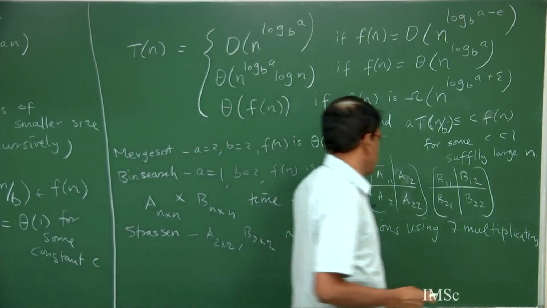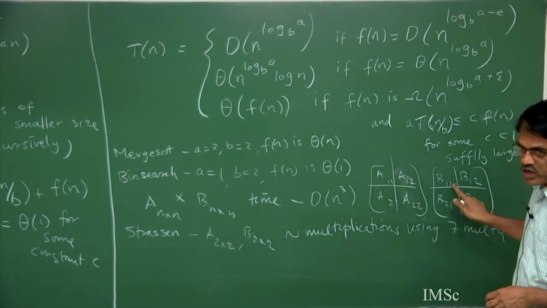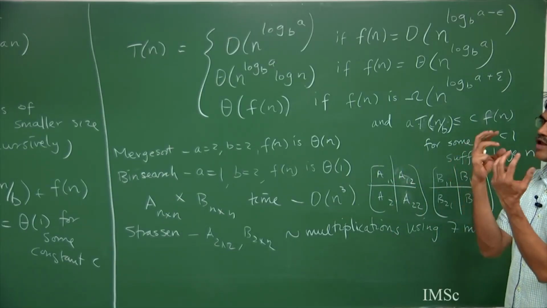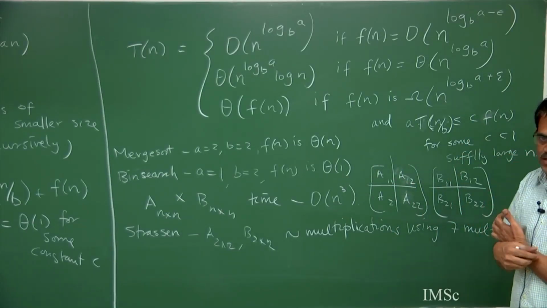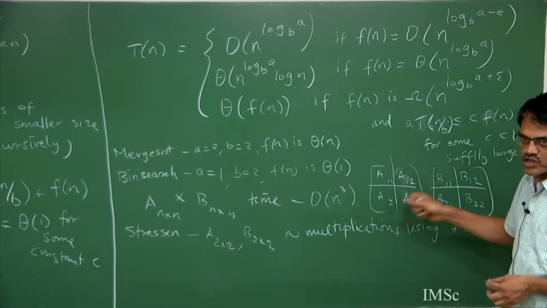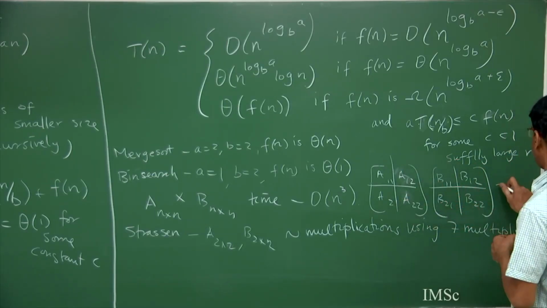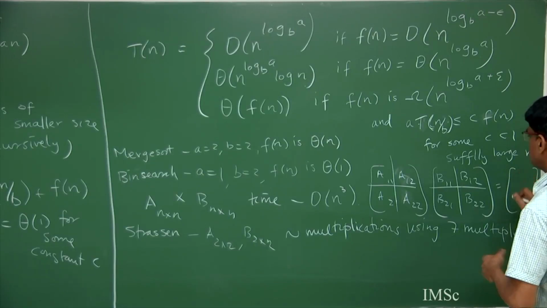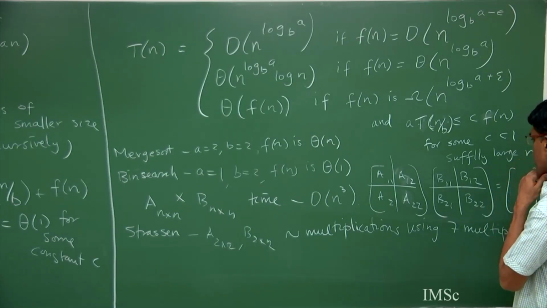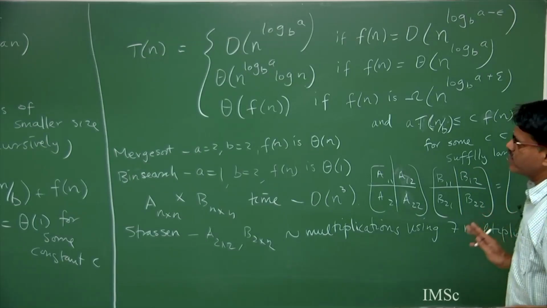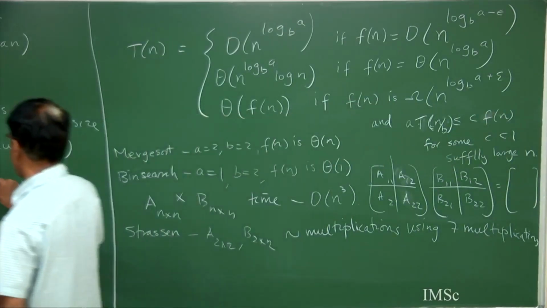So the product, we know that it is A11 into B11, right. That is an n by 2 by n by 2 multiplication, A11 into B12 and so on and so forth, and you put them all together, right. So it is going to have some n square time to combine the solutions.